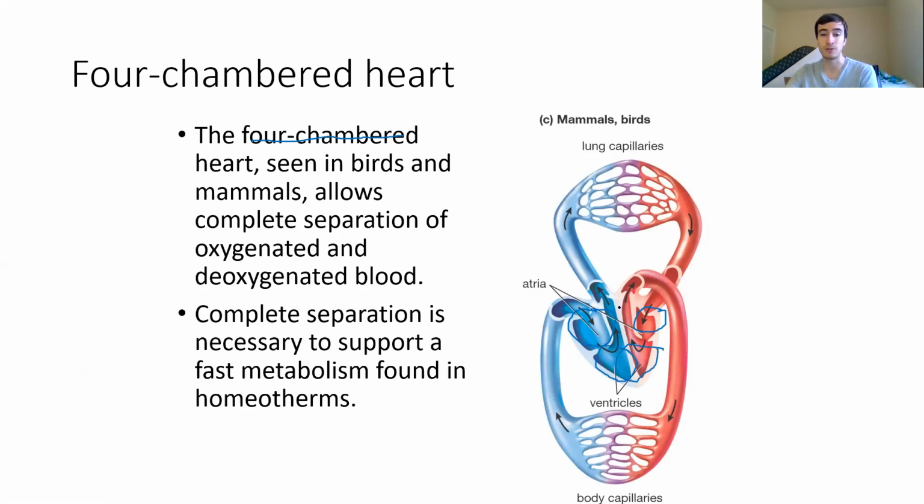And these are totally separated from each other through this wall of tissue right here. So one atrium on the left side, one atrium on the right side, one ventricle on the left side, one ventricle on the right side. And it's going to be really important for you guys to know the names of these different chambers and the general process that blood goes through the heart, which is what we'll spend most of today going over.